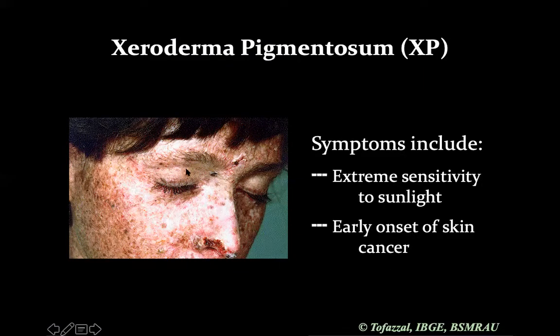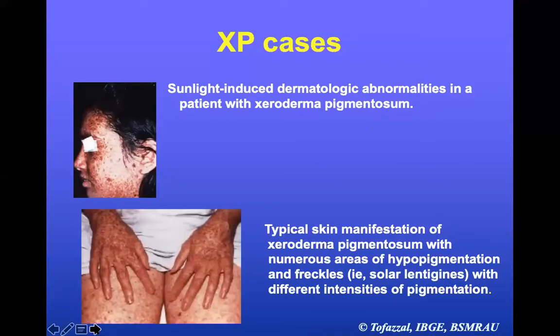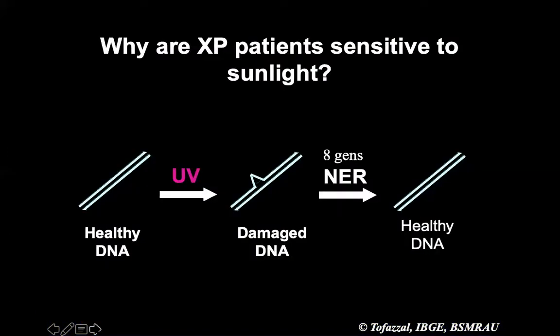Here you can see the symptoms of Xeroderma pigmentosum. You can see lots of skin problems on the skin when they are exposed to sunlight, and early onset of skin cancer can develop. And here you can see lots of symptoms. So why are Xeroderma pigmentosum patients sensitive to sunlight?